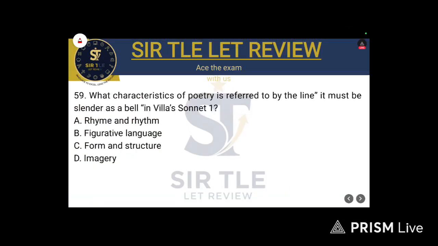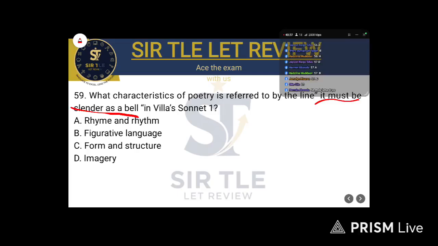59. What characteristics of poetry is referred to by the line, "It must be slender as a bell" in Villa's Sonnet 1? A. Rhyme and rhythm. B. Figurative language. C. Form and structure. Or letter D. Imagery. What is your answer for number 59?